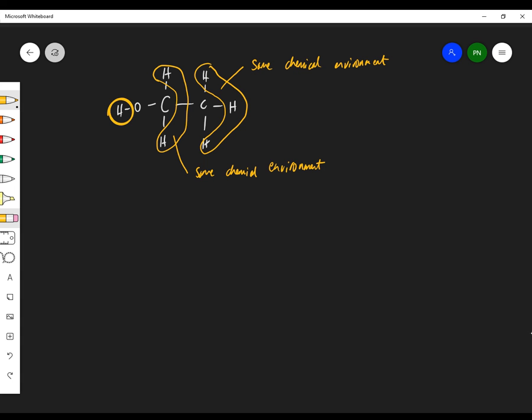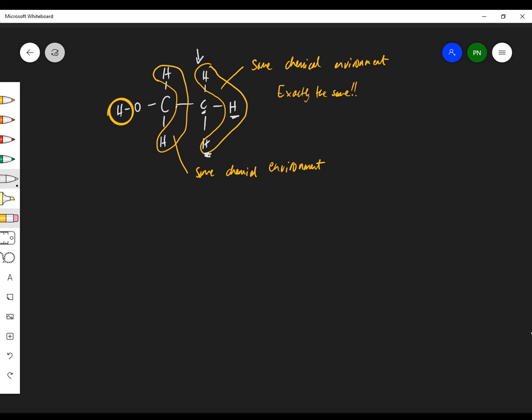Now, to be in the same chemical environment, they must be exactly the same. So what does exactly the same mean? Well, let's pick this one. This one is connected to a carbon, and the carbon is connected to two other hydrogens, and it's also connected to the rest of the molecule. You could say the same about this one or this one.